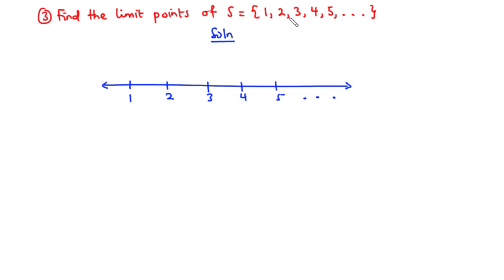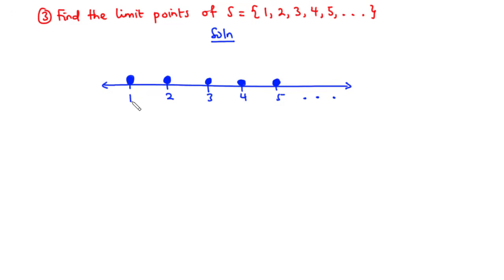Since 1, 2, 3, 4, 5 are part of the set, we are going to represent each of the numbers with closed circles, indicating that they are part of the set.